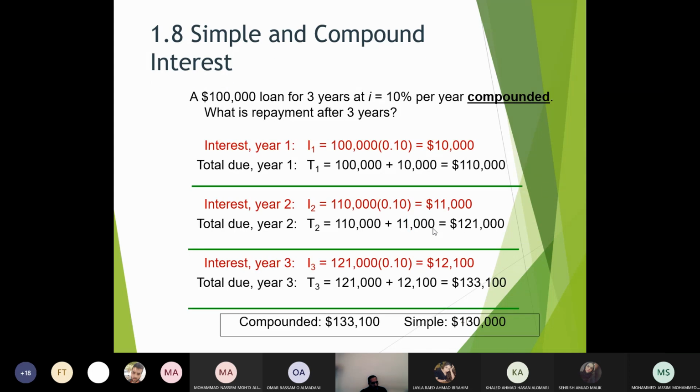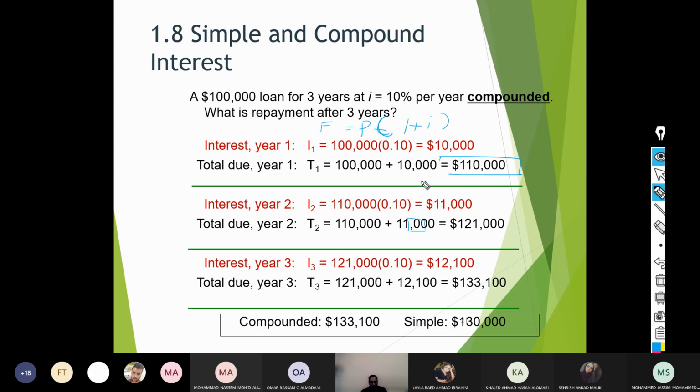Now, what's your original? F, 1 plus i. As you can see, I'm going to end up with the following.